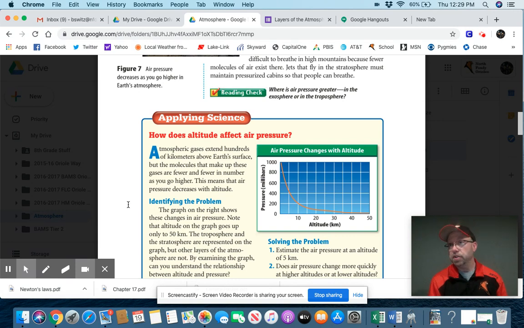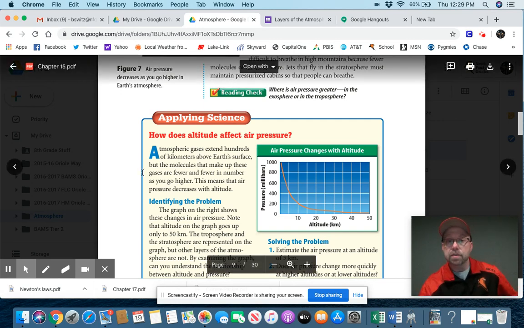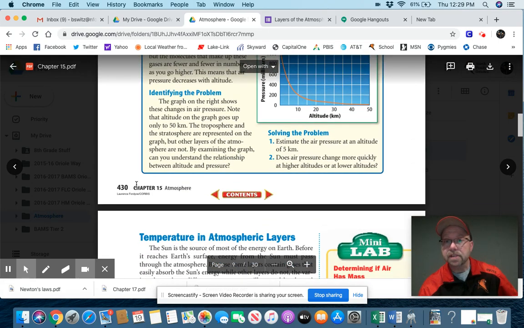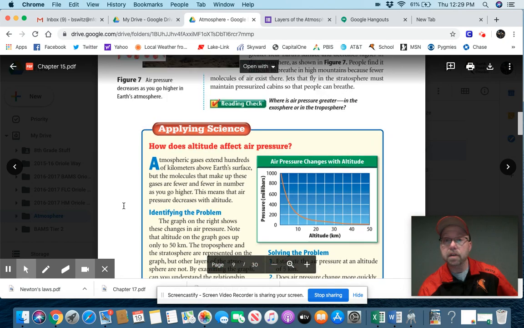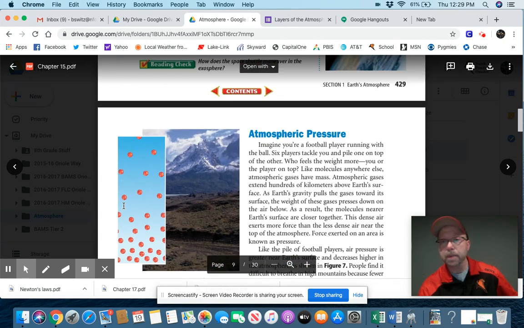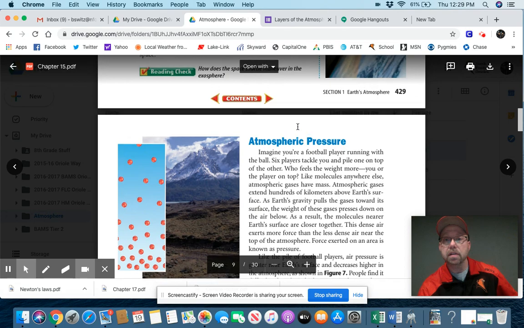The lower the pressure, the less those gases are being forced down towards the center of the earth. So the lower the number will be on the scale. So the short answer: pressure is highest at the surface and lowest away from the surface. The higher you go towards space, there'll be the less amount of pressure.